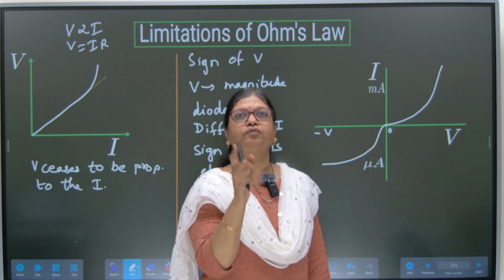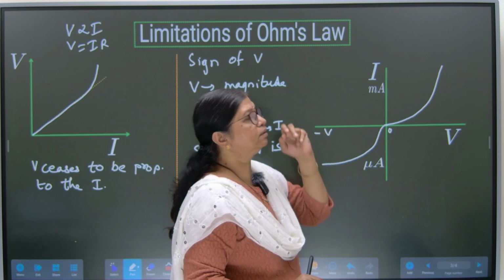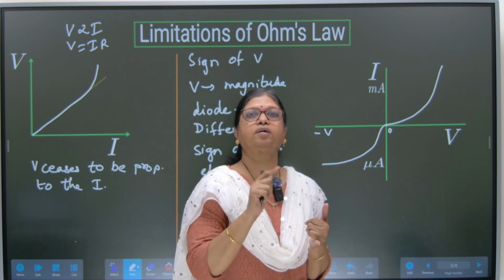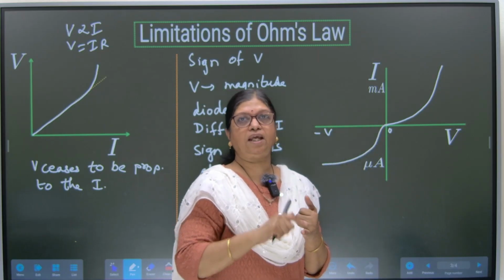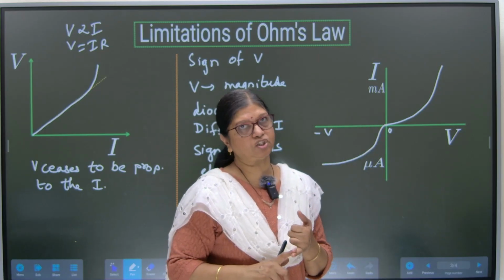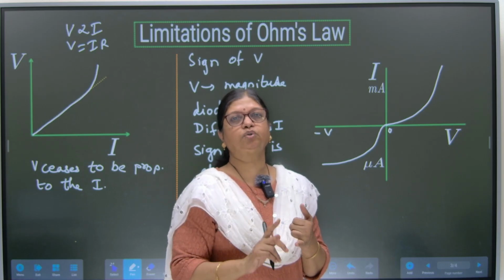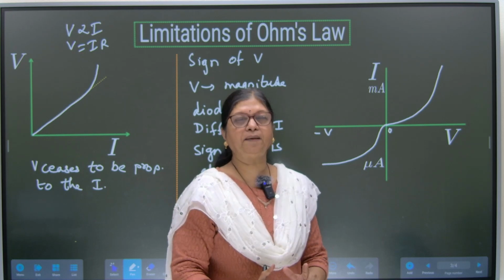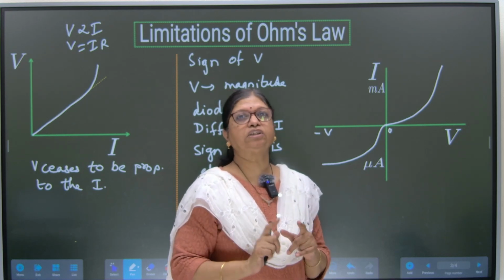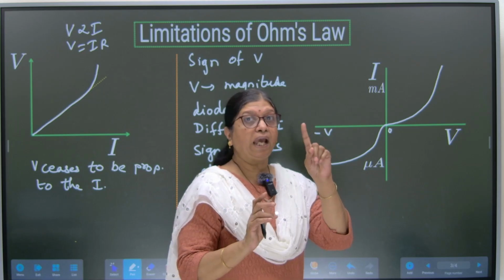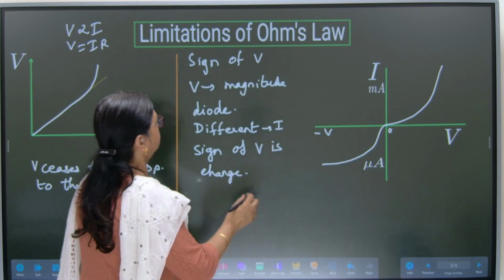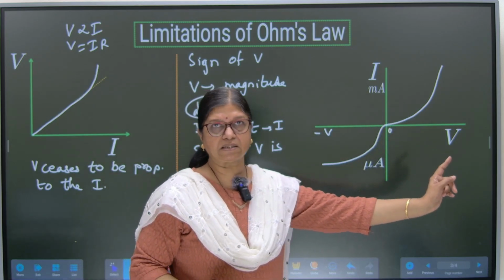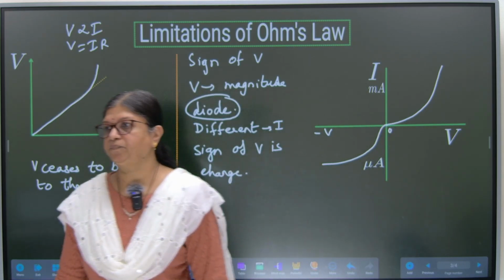This is a limitation of Ohm's law, which does not give us the same magnitude of current when we change the sign of the potential. I hope you have understood both limitations 1 and 2. Take a pic. In the same video, on the next page, we shall go to limitation number 3. And remember, here we have taken the graph of a diode, which behaves like this.